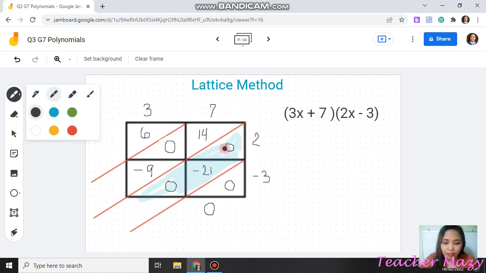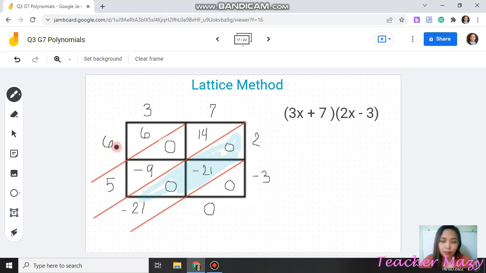That is 0 plus negative 21 is equal to negative 21 plus 0, that is negative 21. Next diagonal, we have 14 plus negative 9, that is equal to positive 5, and 6 here. These sums correspond to the numerical coefficients of the product.